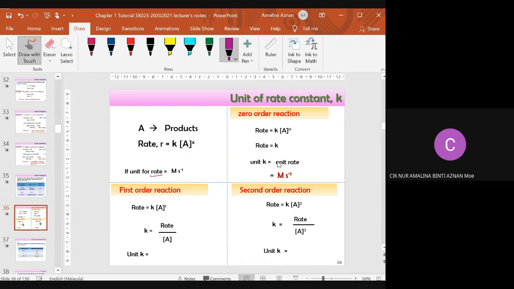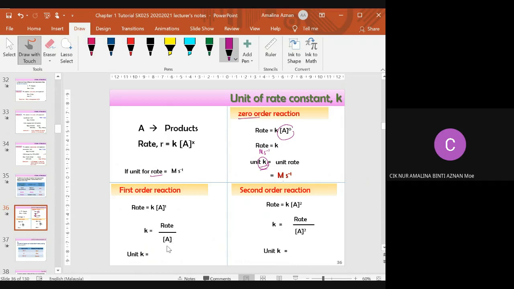So kalau rate constant K, unit dia sama dengan unit rate, so maksudnya rate is equals to rate constant, means dia adalah zero order because it is independent to the concentration of your species of reactant. Okay, so you can deduce that kalau kamu nampak je rate constant unit dia ini, so it is a zero order reaction.